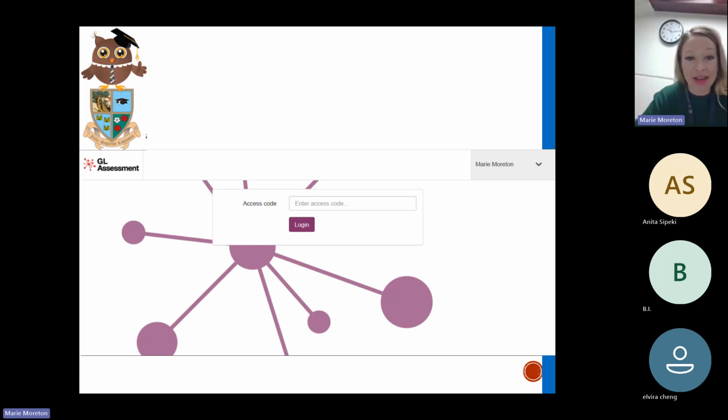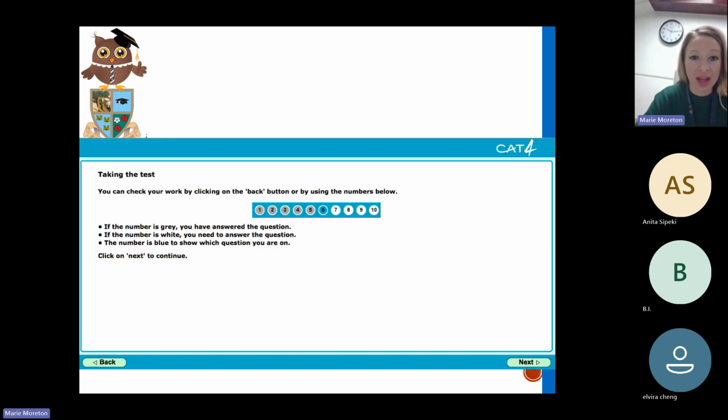So when they first open their computer, they will need to enter their unique access code, which the teacher gives them. It gives them instructions on how to go through the test, how to navigate each of the different questions. So it tells them that if the numbers at the bottom are grey, it means they've completed those questions. The bluey greenish one is the question that they're on, and the white numbers are the questions they haven't started yet.